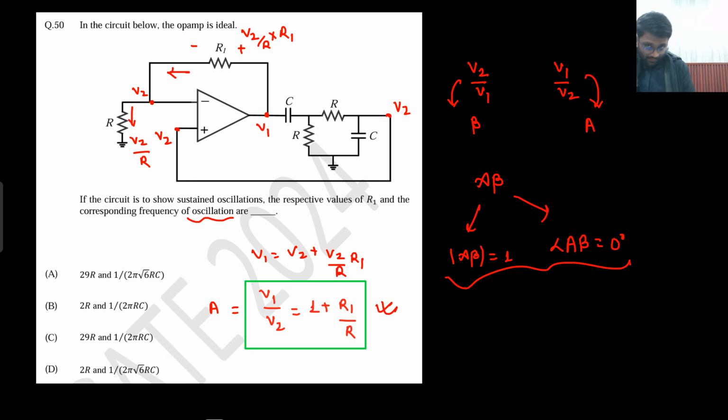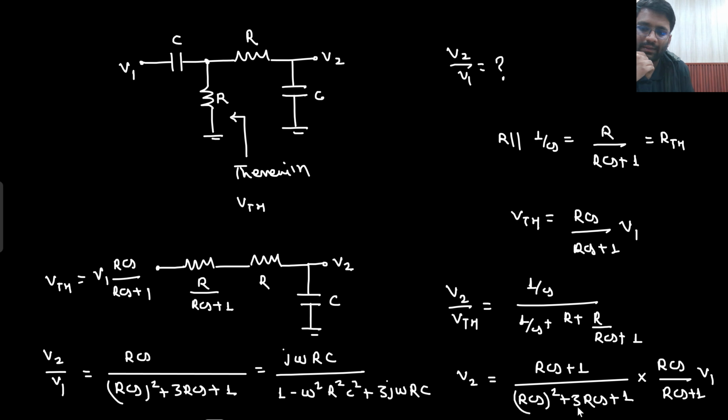So what do you see now? I am getting V1 by V2 as 1 plus R1 by R. This was the scenario: 1 plus R1 by R, V1 by V2. And I am getting V2 by V1 as j omega RC upon 1 minus omega square R square C square plus 3j omega RC.